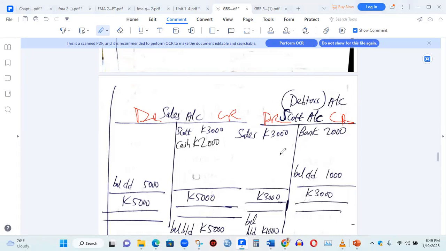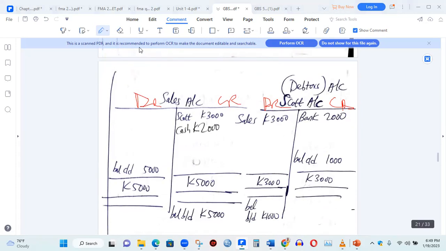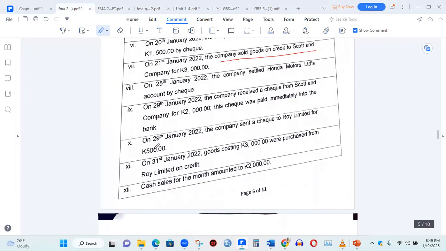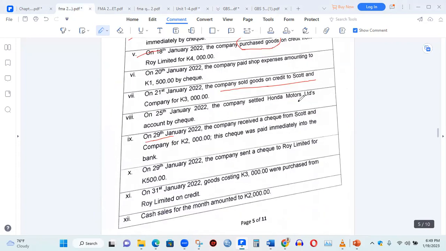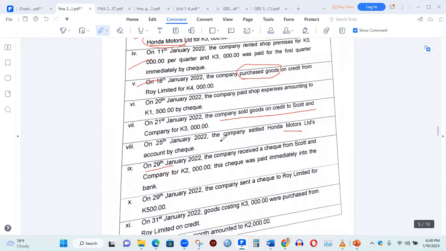Okay, so we have the other question, to do with 29th October. Here they settled the Honda by check. So on 25th we settled the Honda motors by check. So we paid by bank.